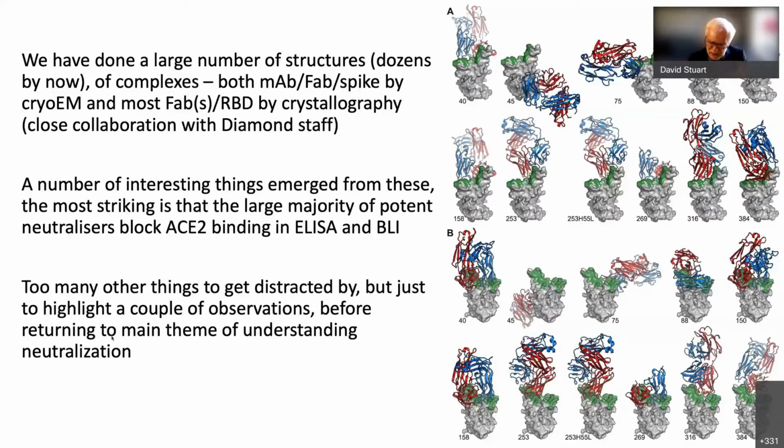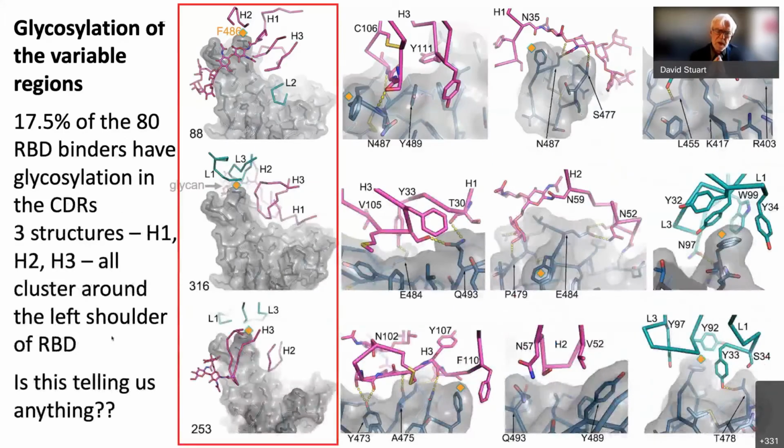So I'll just mention a couple of things that came out of this, because one of the nice things about structural biology is you get this rich set of information, and whether you can make sense of it all or not is another question, but it does throw up interesting things. I'll just mention one thing, which is well known in the field of antibodies, but little discussed, I feel.